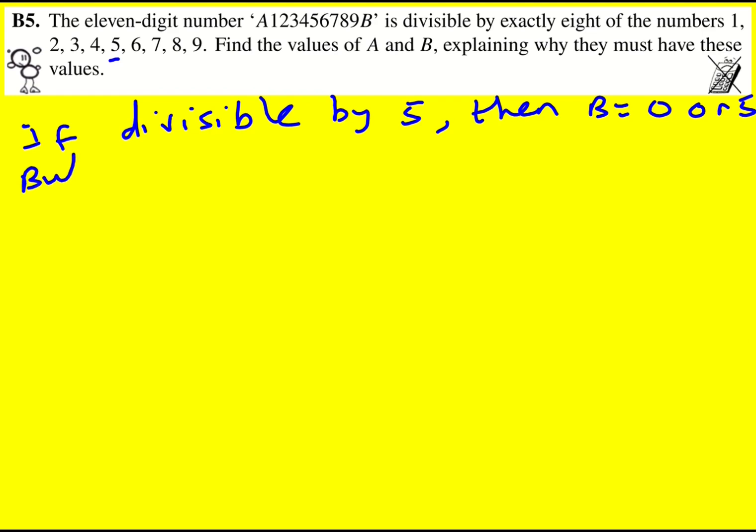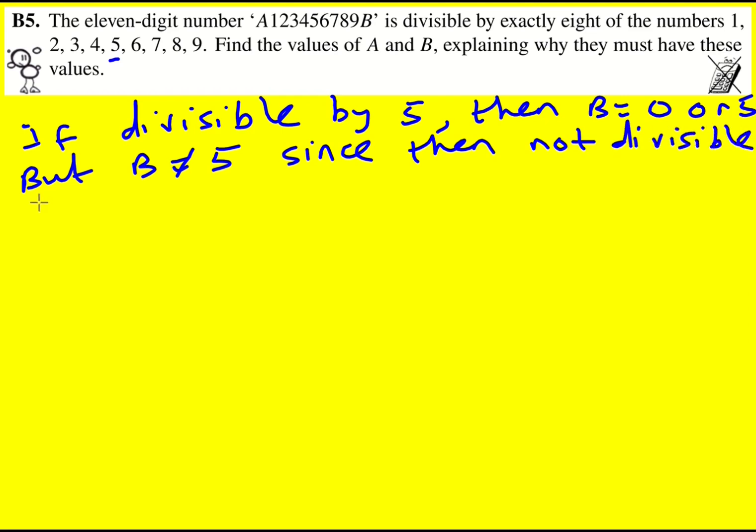But B definitely can't equal 5, since then it's not divisible by any even number, and we know it's divisible by all of them apart from 1. So B will equal 0, but then we'd get 890, and 890 is not actually divisible by 4 or 8.